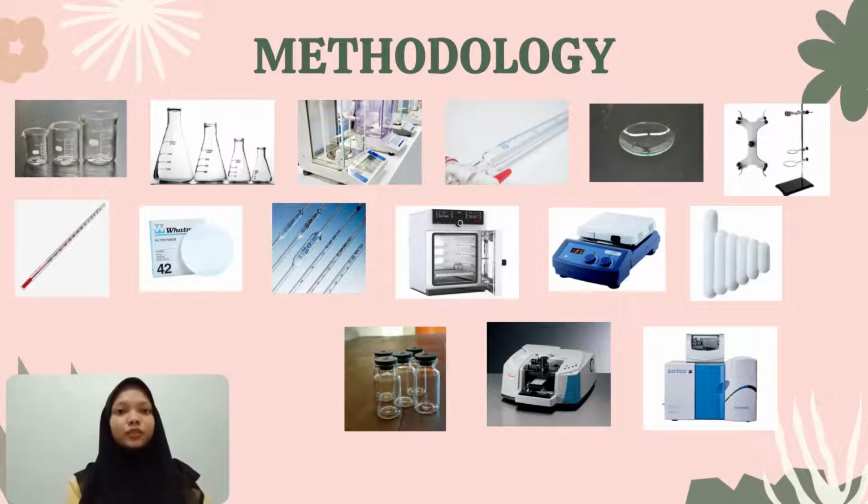Methodology. The tools used in the practicum are beaker glass, Erlenmeyer, analytical balance, watch glass, burette, clamps and stative, thermometer, Whatman 42 filter paper, volume pipette, oven, hot plate, magnetic stirrer, vial bottle, FTIR or Fourier transform infrared spectroscopy, and PSA or particle size analyzer.